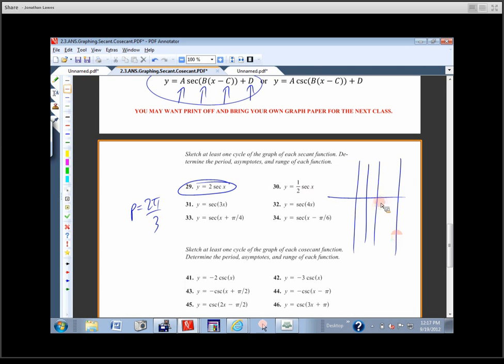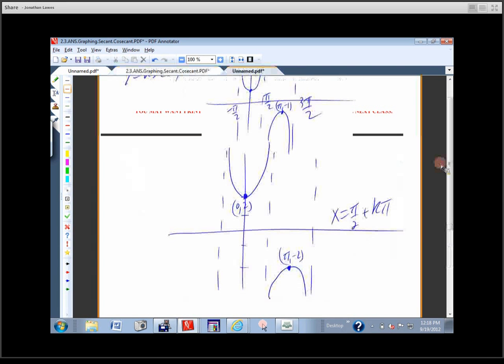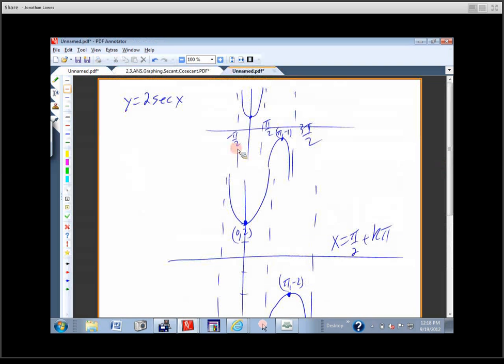But it was shrunk by a factor of 3. So if the old period was 2 pi, and we divide everything by 3, we're shrinking all the x coordinates by 3. So if this one used to have an asymptote at negative pi halves, we'd be sliding that one back this way. So that would be at negative pi 6.